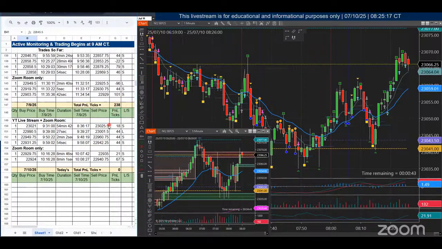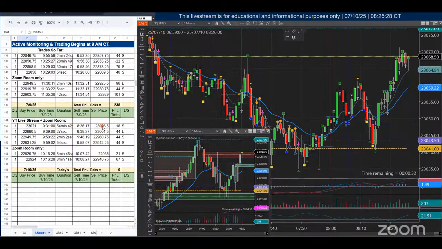It did eventually work, but there was too much unrealized negative PNL at one point, which is the one thing I'm trying to avoid. But other than that, other trades worked out well.